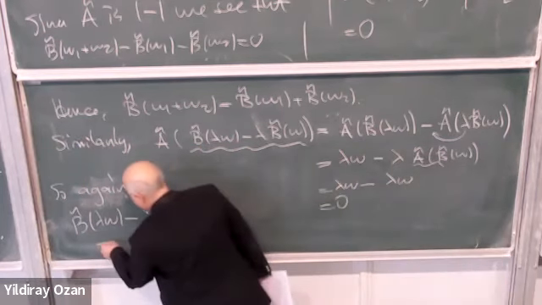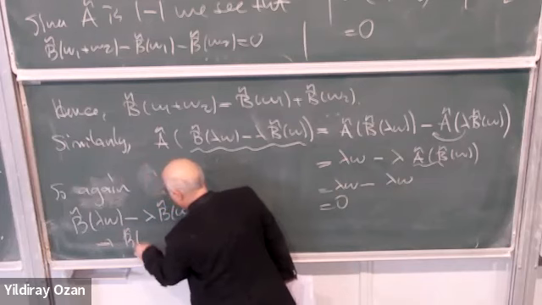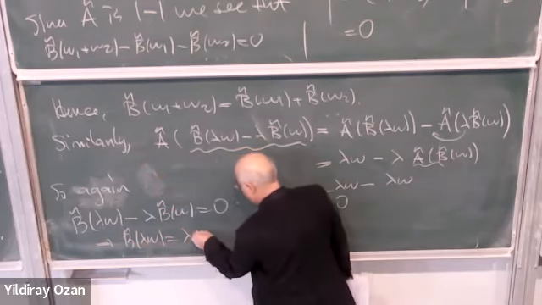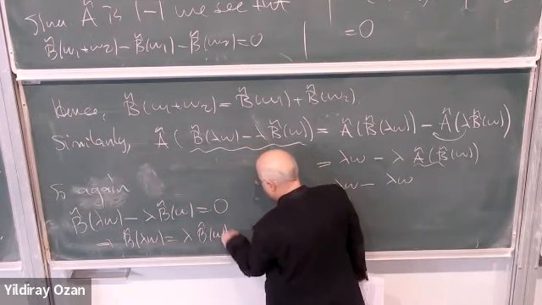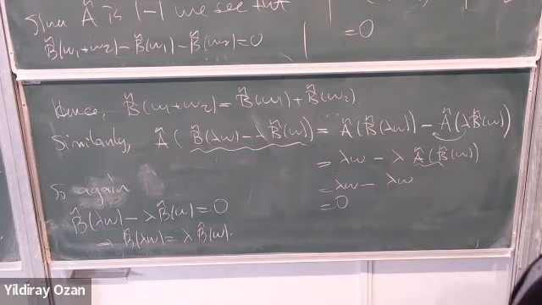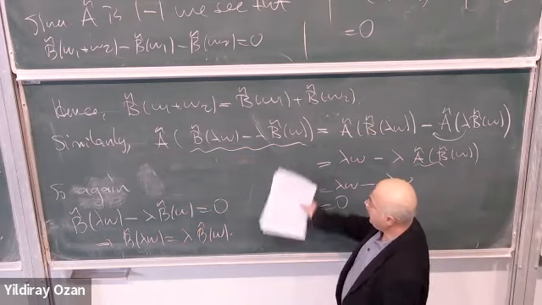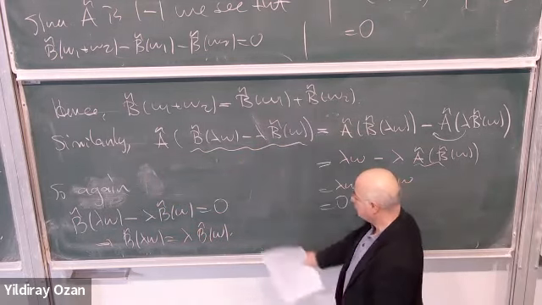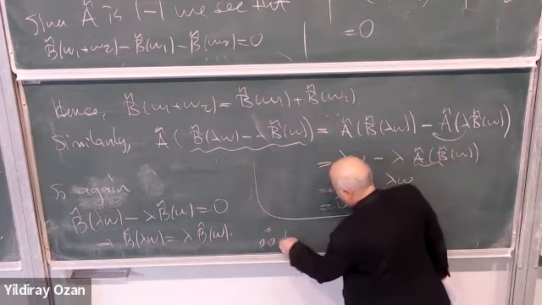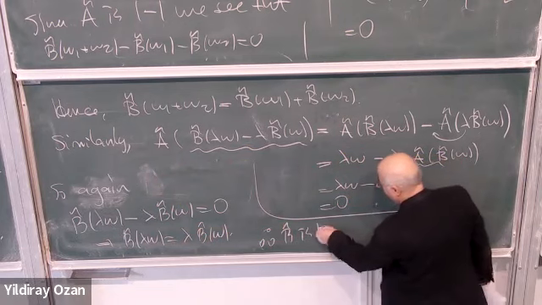But this implies that B hat of lambda W is just lambda times B hat of W. So B hat satisfies this condition and this condition. Therefore, B hat is linear.